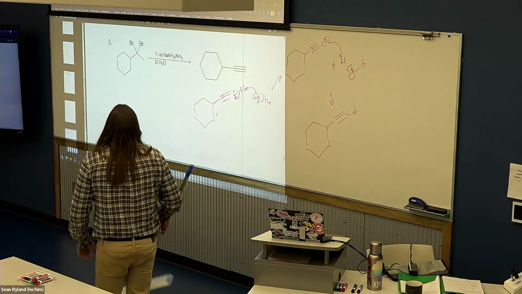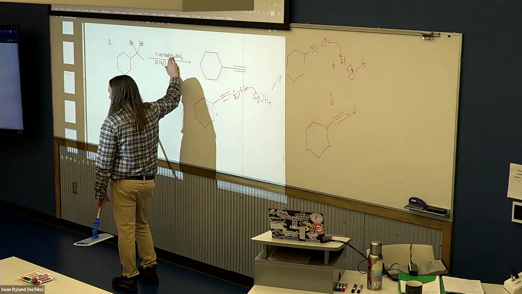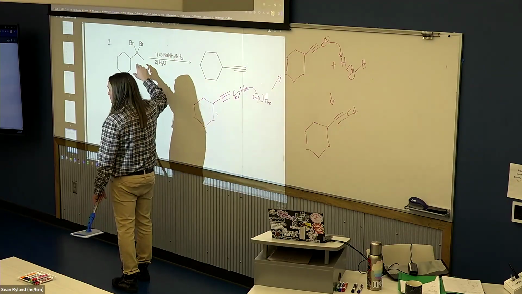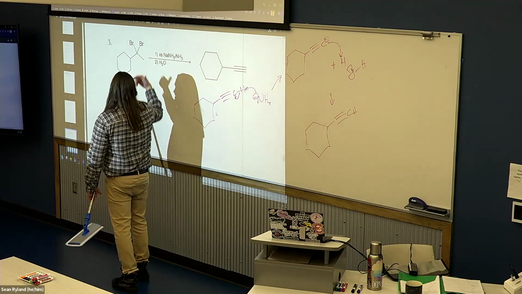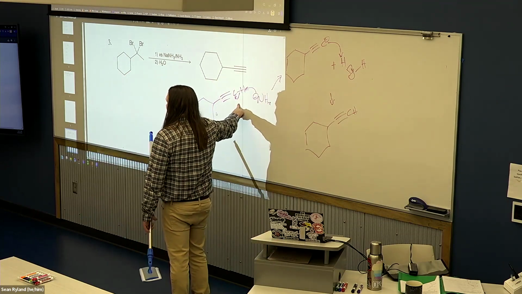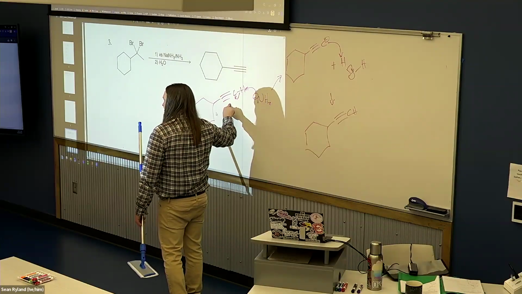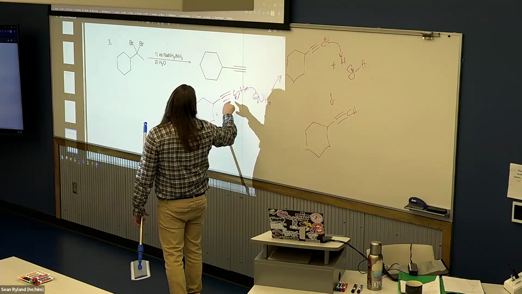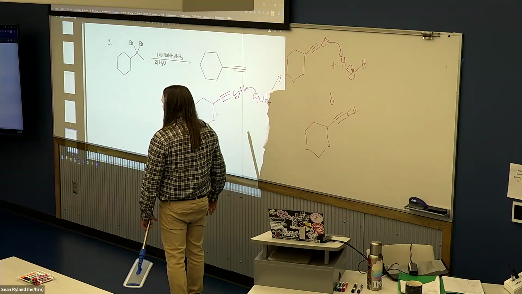So we added excess of the amide at the beginning because we wanted to make sure that we pushed the reaction all the way to completion, right? But the side effect of that is that if you add enough sodium amide to be sure that you make all of the alkyne possible, you also have to add enough of the amide that you're going to deprotonate it.